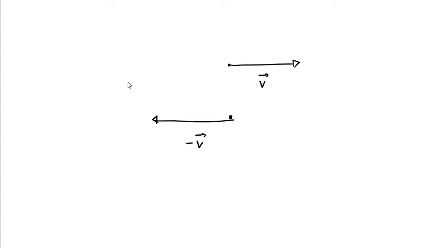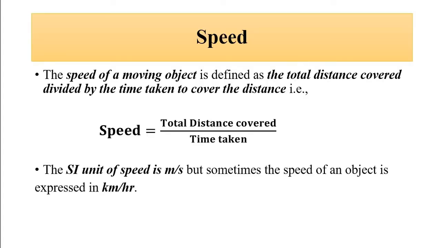As displacement is a vector, it can have negative values, but distance can never be negative, because it is a scalar quantity, not a vector quantity. So speed is total distance divided by time.